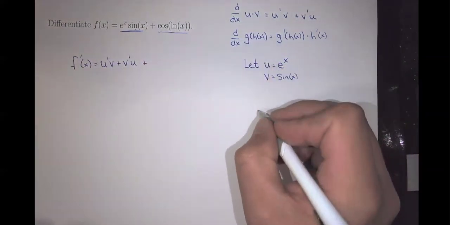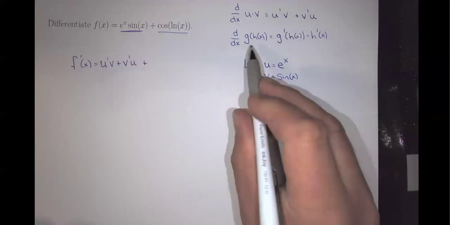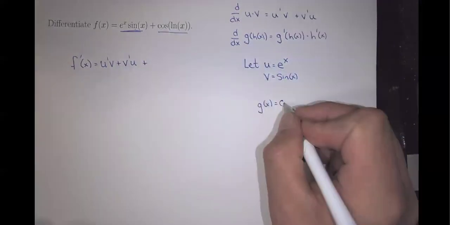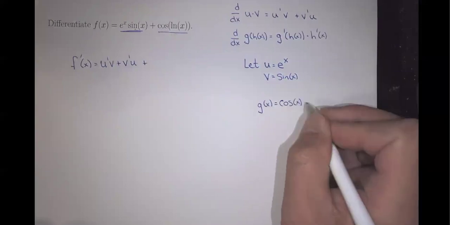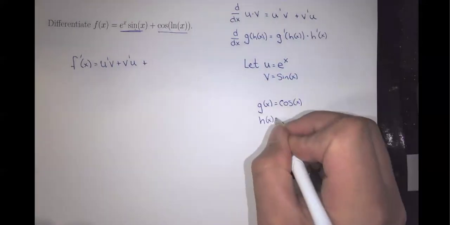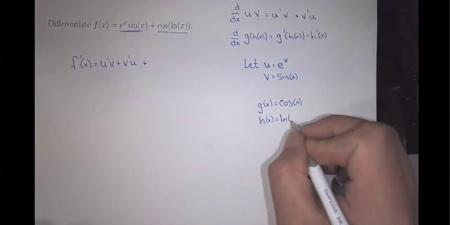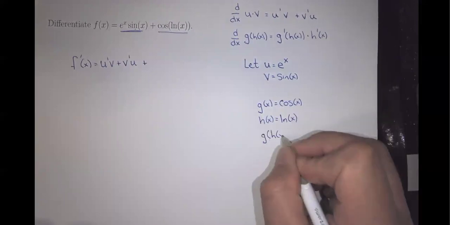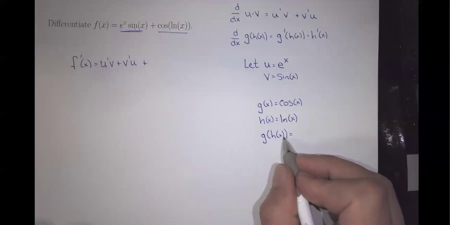Here we've got g of x being the outside function in our derivative here. Our outside function here is cosine of x, or cosine of something in this case. Our inside function, our h of x, is going to be natural log of x. And so g of h of x is going to be g of x with h of x anywhere we see an x.